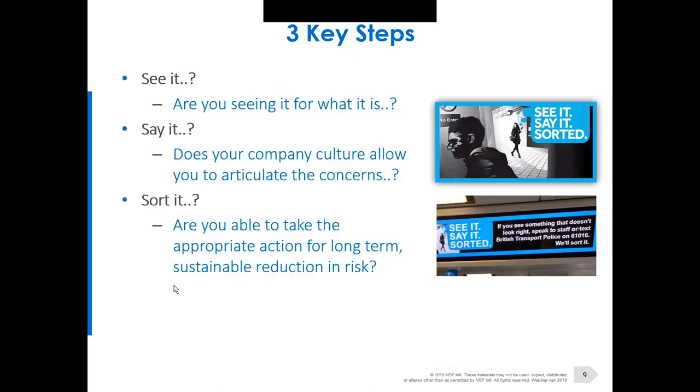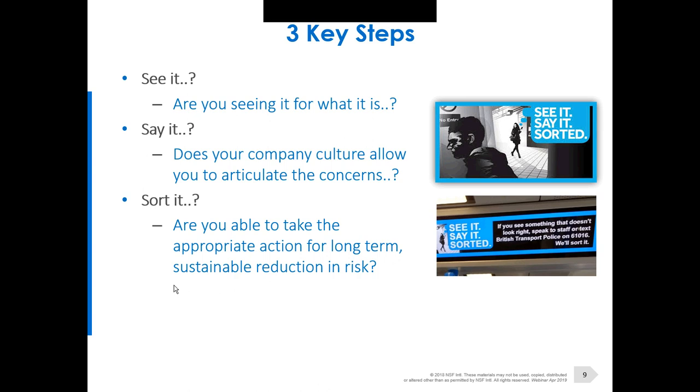So let's go through these main stages. The first thing is, do you actually see the risk? Do you actually see the risk for what it is? Are you so close to the issue that you actually don't see it anymore? Have you walked past that particular problem so many times now, or done some sort of superficial justification for its existence for so long now that actually you don't see it anymore?